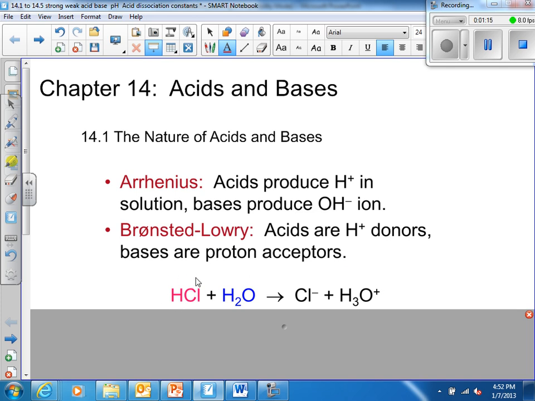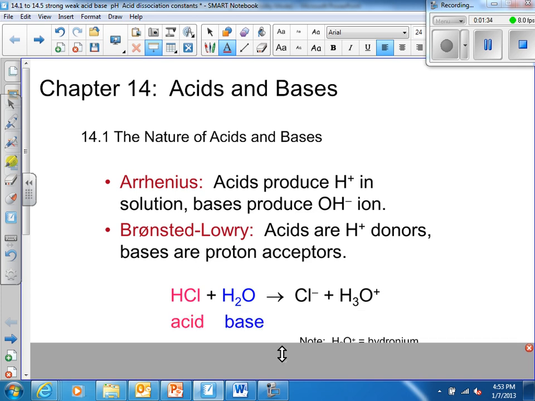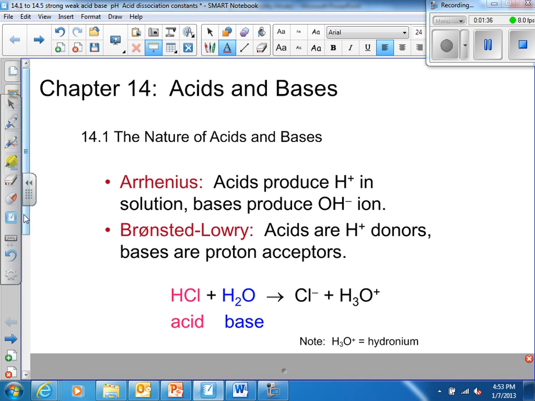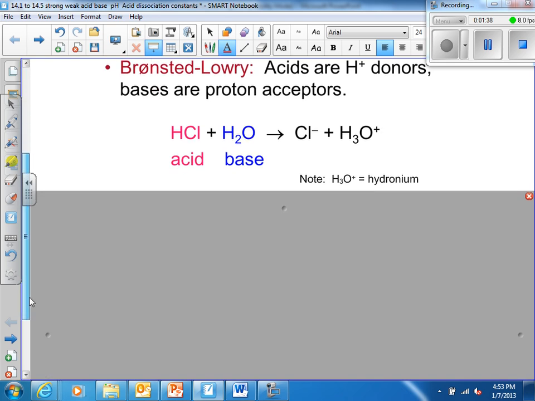So this HCl is producing H plus. It's an acid. Or we could see HCl is donating its H to the water to become H3O plus. And H2O is accepting the H plus. So it's a base because bases accept protons. Here we go, acid and base. Note that H3O plus is just hydronium.